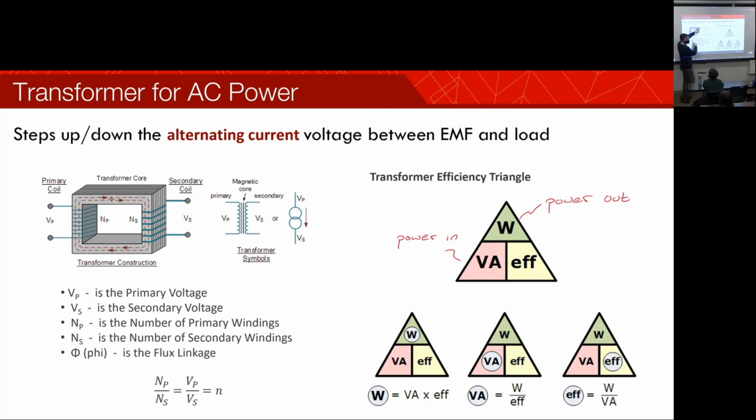It's going to be a little bit less, but assuming my efficiency is pretty much 100%, I now have a higher voltage. What is that going to do to my current? Decrease the current. And so now I have a way to decrease my current flowing through my long transmission lines. And that's why we use AC electricity in our power grid.